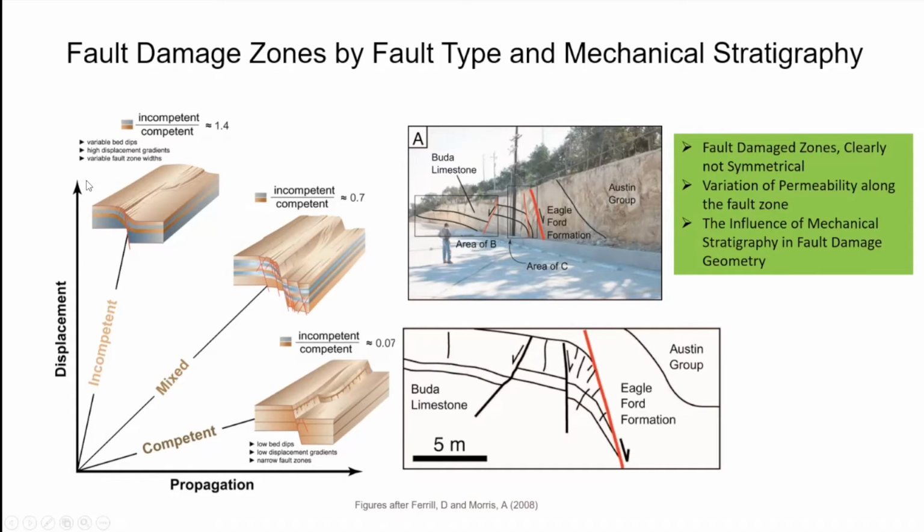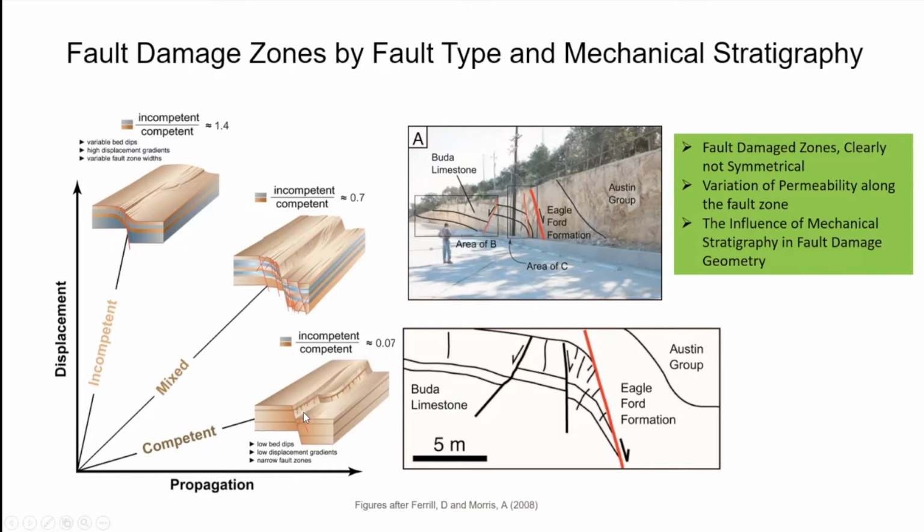And here in this graphic on the left, we have propagation versus displacement. And what happens is that they look at the thickness of the competent to the incompetent layers across the fault system. So when the competent layers, and this is the case for the Edwards aquifer, are much more representative than the incompetent, they observe narrow fault widths, number one.